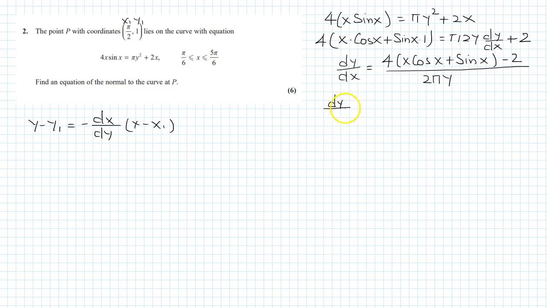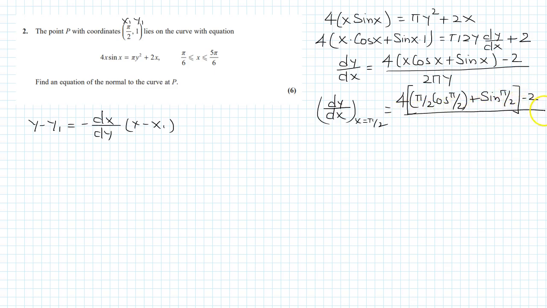So dy over dx at x is equal to pi over 2. This will be 4 pi over 2 cos pi over 2 plus sin pi over 2 minus 2, divided by 2 pi, and y is 1.